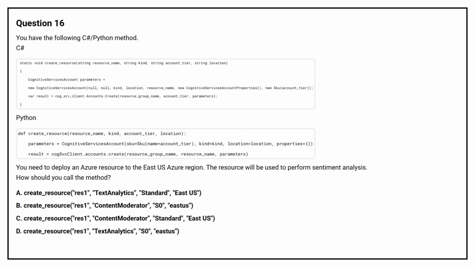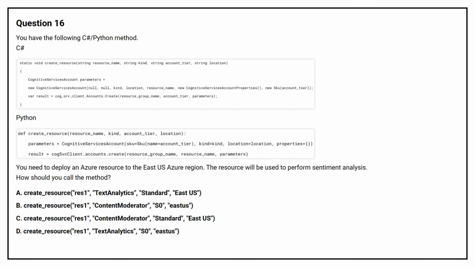Option A, create_resource, res1, text analytics, standard, East US. Option B, create_resource, res1, content moderator, S0, East US.